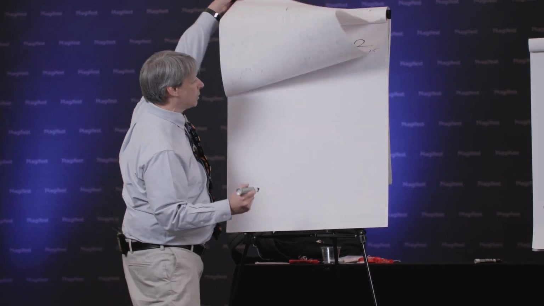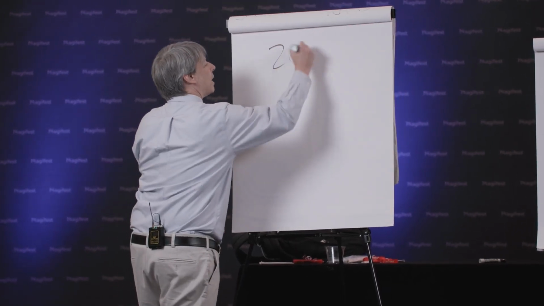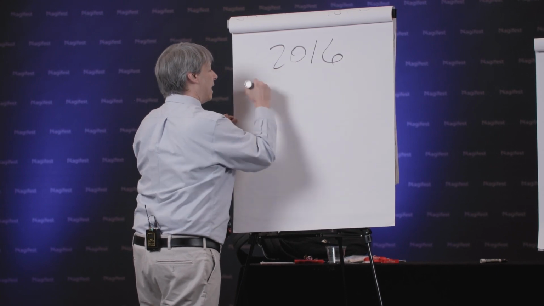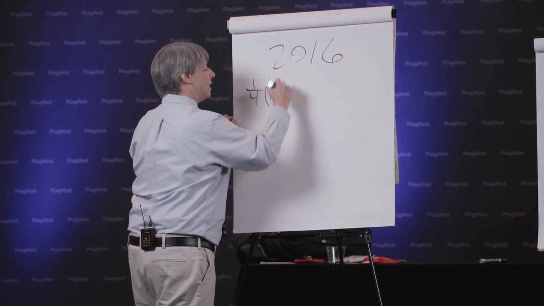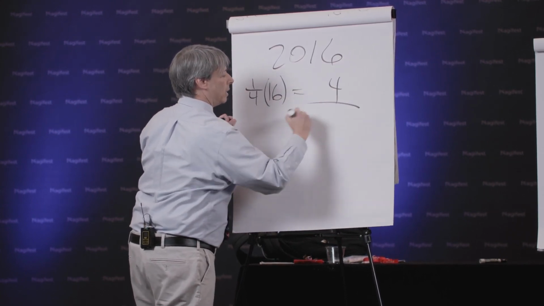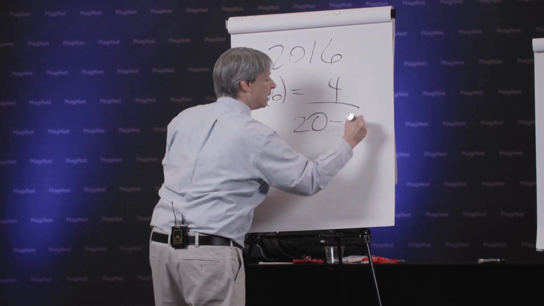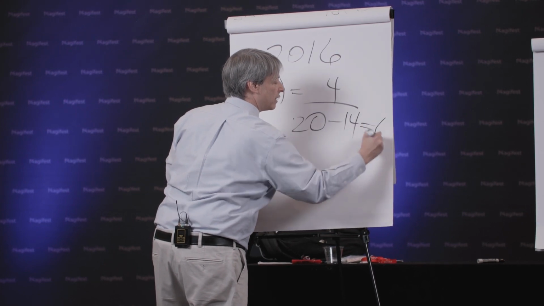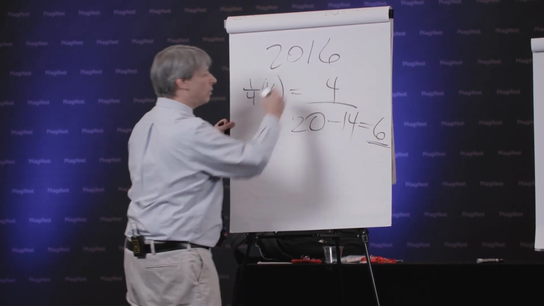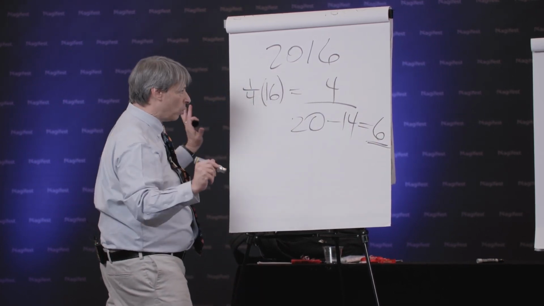Let me just do that one more time on a clear sheet. For 2016, I add a quarter of 16, which is 4, to get 20. Subtract 14, that's a multiple of 7, to get 6. That's the year code for 2016. I'm going to do one more example.